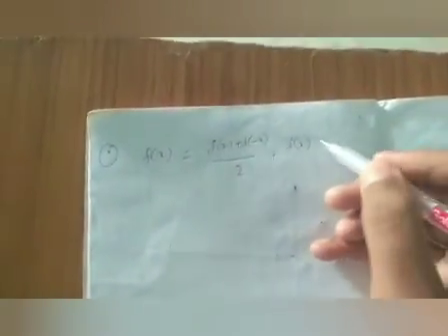You can check it by taking an example, or you can prove it generally, and then accept it. Another important point I would like to mention is that every function f of x can be written as the sum of an even and an odd function: f of x plus f of minus x by 2, plus f of x minus f of minus x by 2.